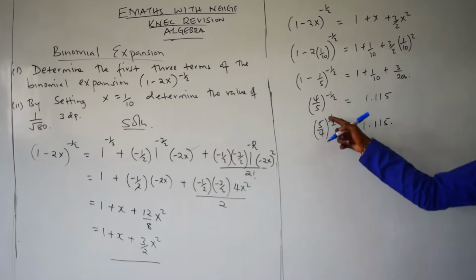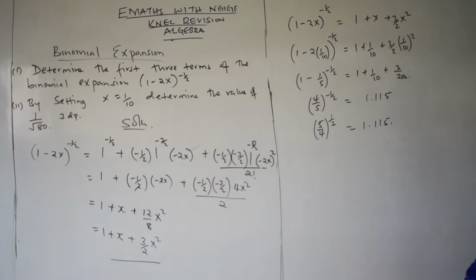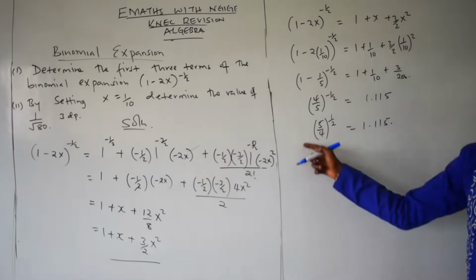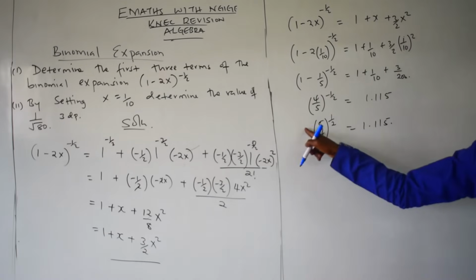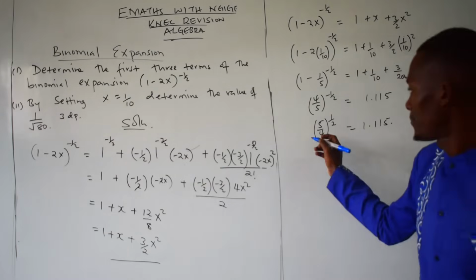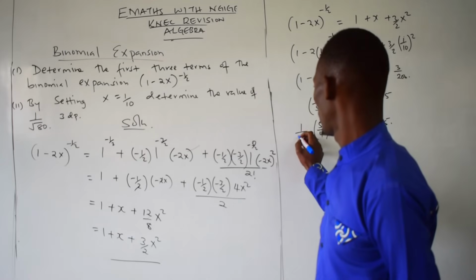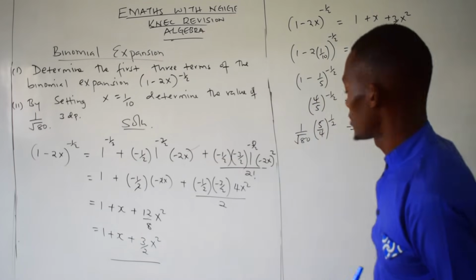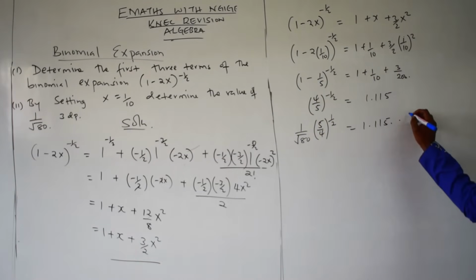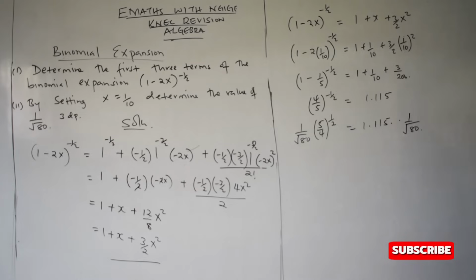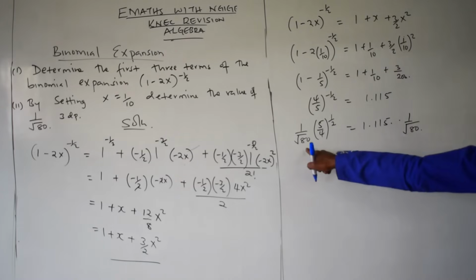So you can see this fraction is nothing near 1 over the root of 80. So multiply both sides by the root of 80. So just have 1 over root of 80 that side. Then what you do on the left hand side, also do on the right hand side. So this we multiply with the root of 80, so this one remains.